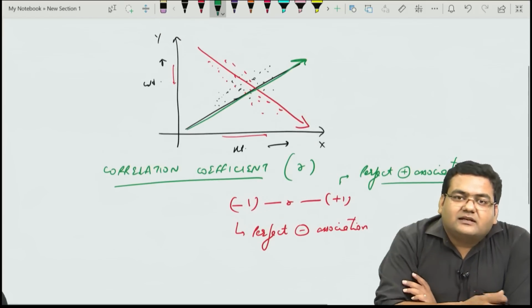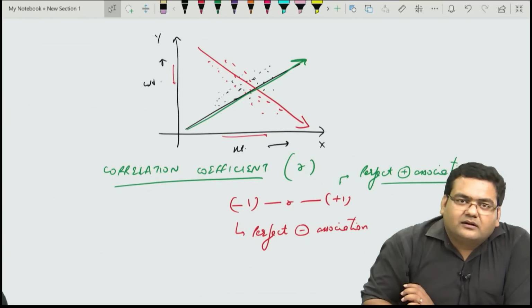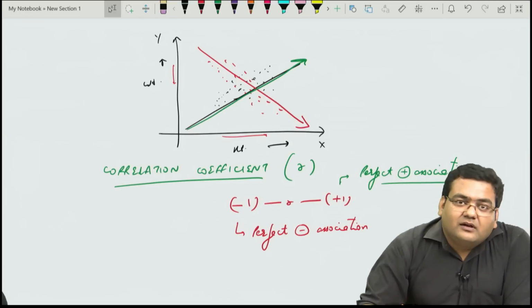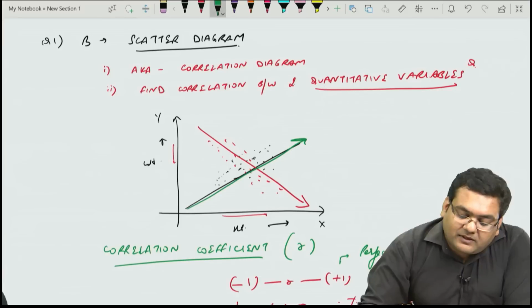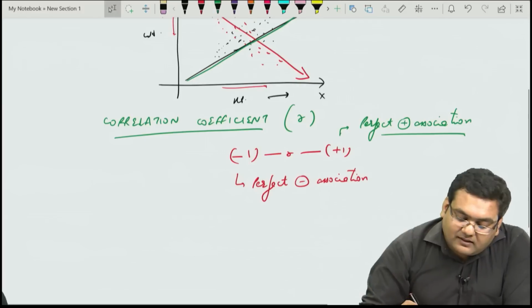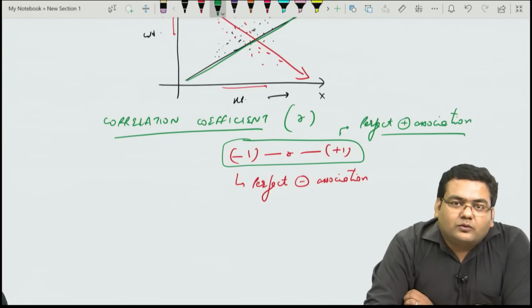A unit increase in x will bring a unit increase in y. So this is correlation coefficient. Two questions which we have asked from this is, one, it can be used for quantitative variables, and second is the value. It ranges from -1 to +1.